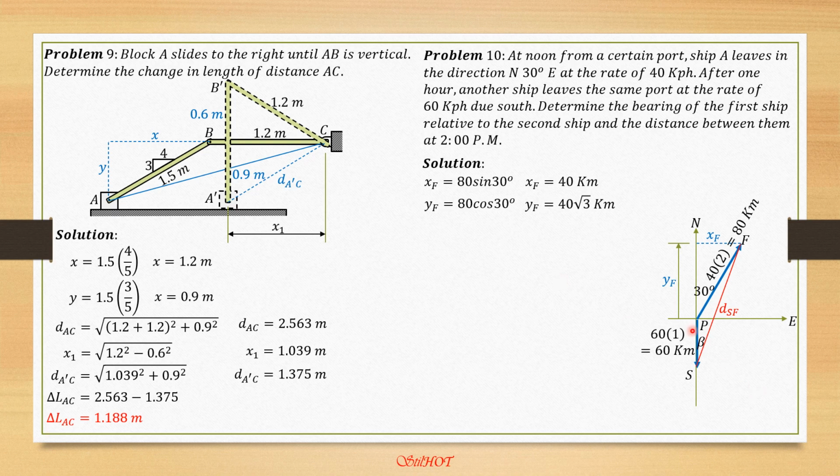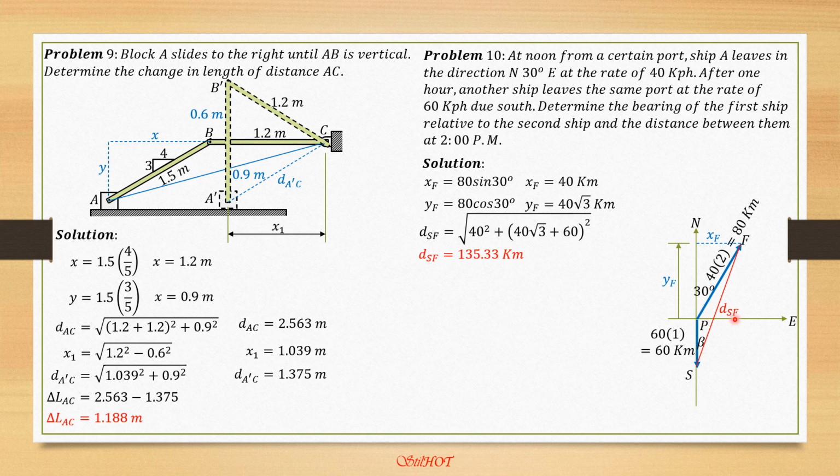Then this is 60. So one way of computing distance SF is, by Pythagoras theorem, square root of 40 square plus quantity 40 square root of 3 plus 60 square. So distance SF is 135.33 kilometers. Another way of computing SF is to consider this triangle FPS, and the measure of the angle at P is 150. 180 minus 30 is 150.